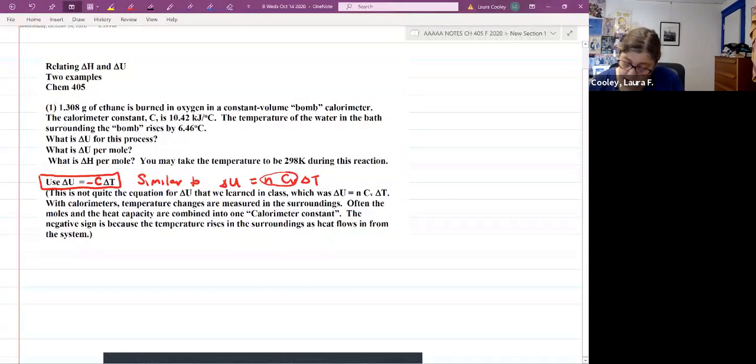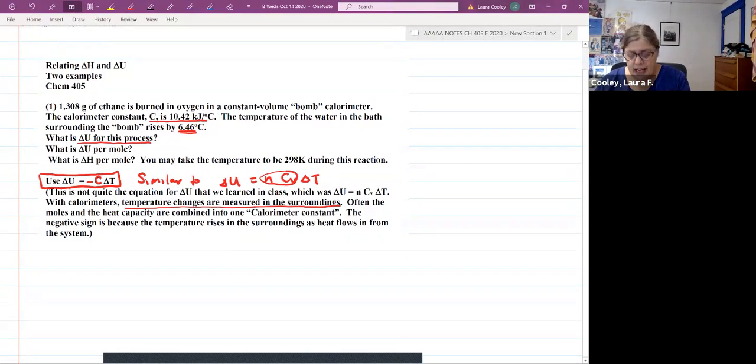I think I've explained before that that's because the temperature changes now have to be measured in the surroundings. So if you use this equation and you're given the C here and you're given the change in temperature, you can calculate the delta U.